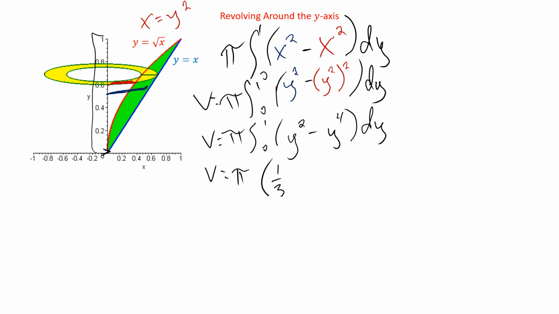So we have 1/3 y to the 3rd minus 1/5 y to the 5th from 0 to 1. Plug in 1. We plug in 1. It's 1/3 times 1 is just 1/3. Minus 1/5 times 1 is just 1/5.